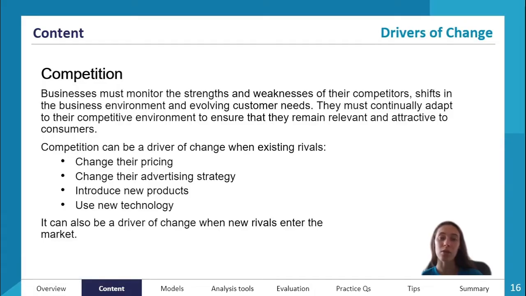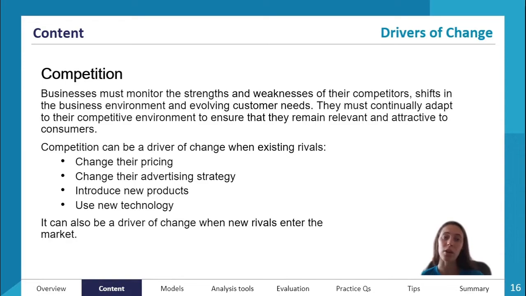And then, of course, when a new competitor is going to enter the market, so some kind of competitor that wasn't already there, that's going to result in a big change in the competitive landscape for that business.